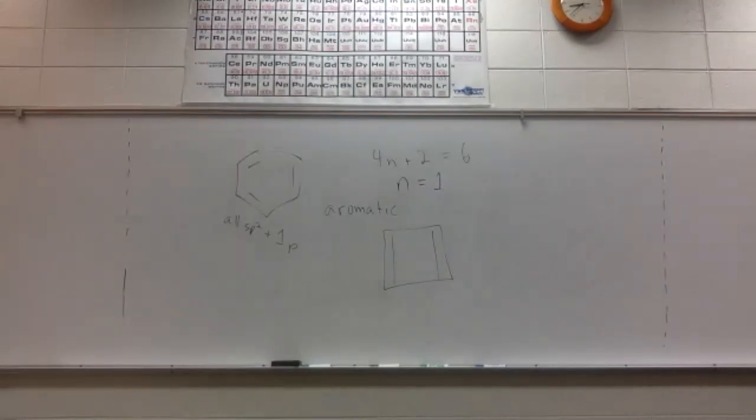Why not? Yeah, it's only got 4 pi electrons, right? So you say 4n plus 2 equals 4. N would equal a fraction. It'd equal 0.5, 1/2. So this one is definitely not an aromatic compound. This one actually has its own special classification as well. We'll get back to it in just a minute, maybe in this class. We'll see.